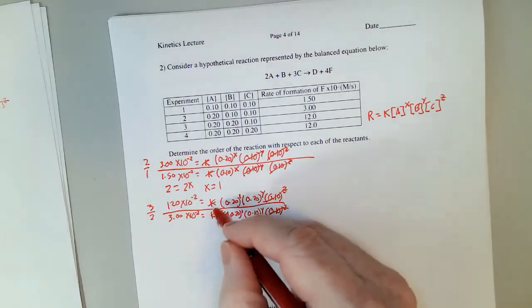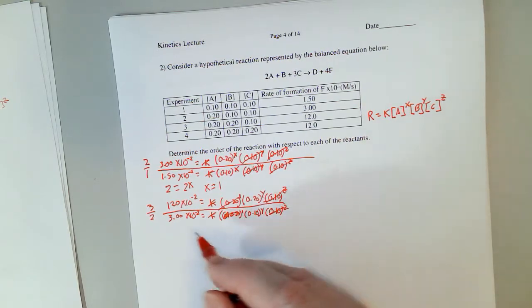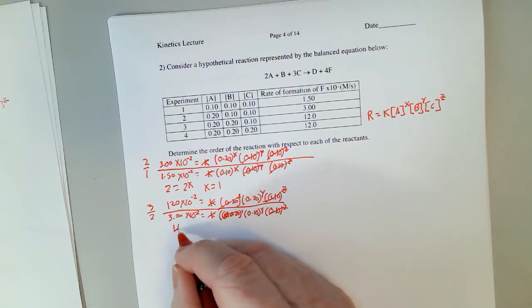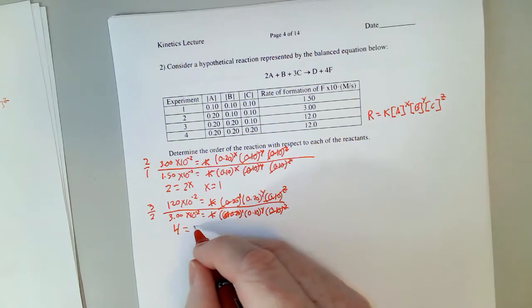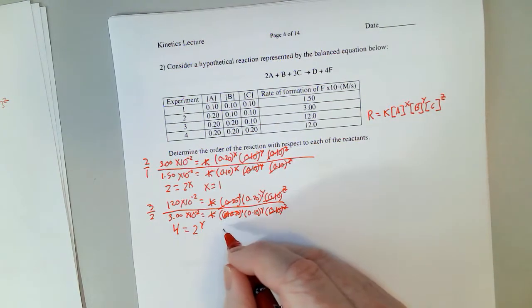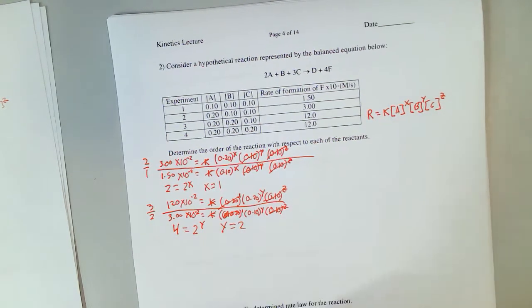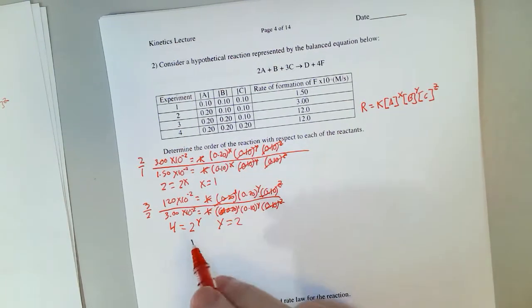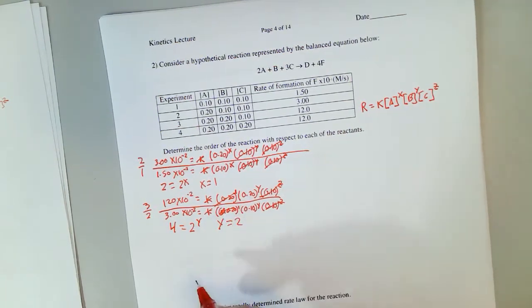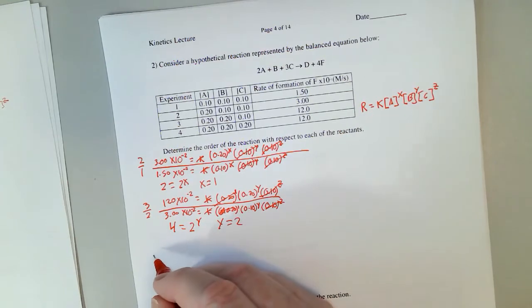Those will cancel, the k's will cancel, even those will cancel. So this over this is 4 equals, that over that is 2 to the y, and this time y is equal to 2. So it's first order with respect to a, and it's second order with respect to b.